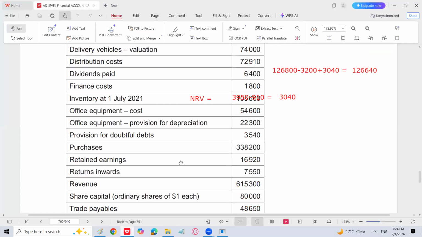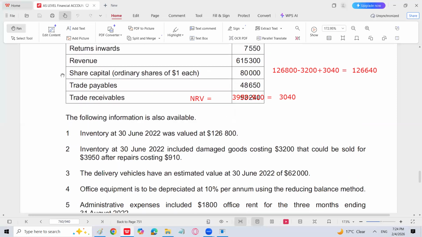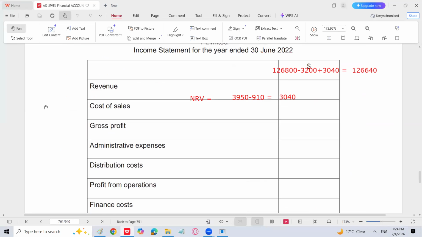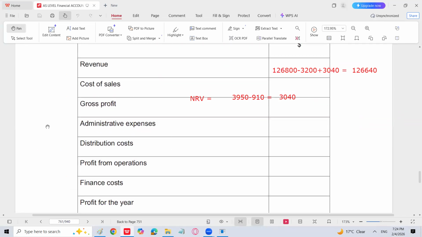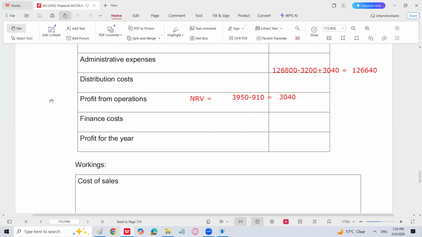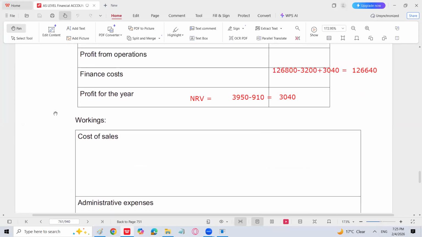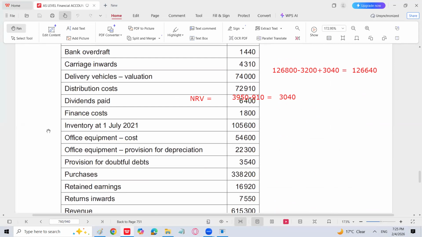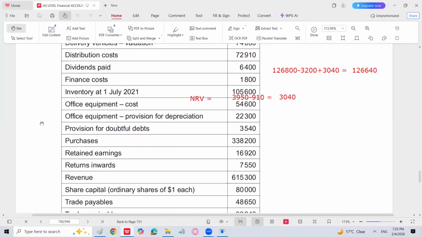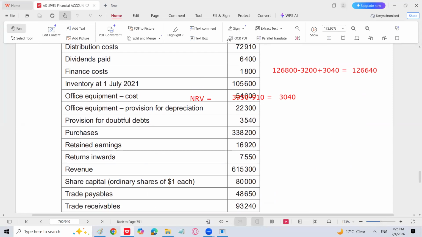We do not have the space in the income statement to prepare proper working of cost of sales. You have to do cost of sales in the working column. This is the new trend which has been used, and you will find cost of sales, the resultant amount which you will get at the end. You will write cost of sales directly in that.